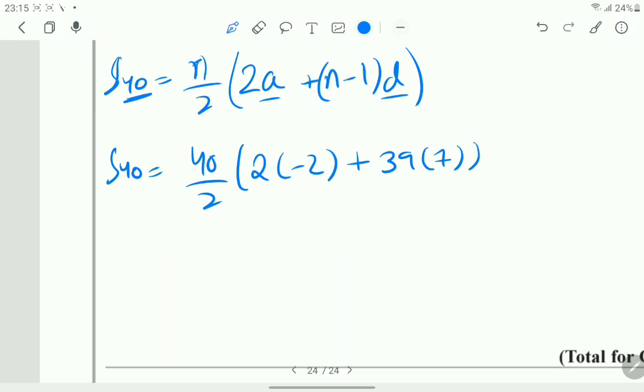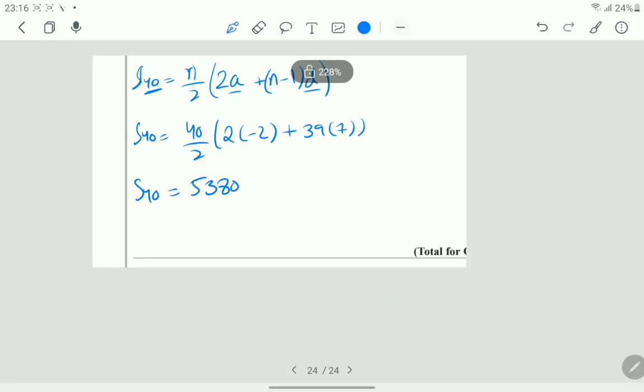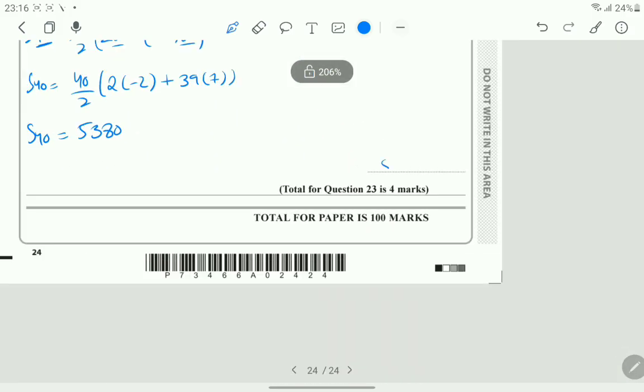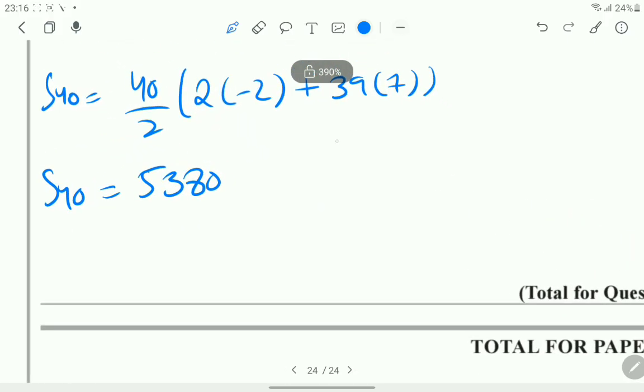It's very basic now. Put it in the calculator, and 2 into minus 2 plus 39 into 7, we get S40 would be 5380. If you are not that confident on your calculator, just show extra steps and reach this answer.